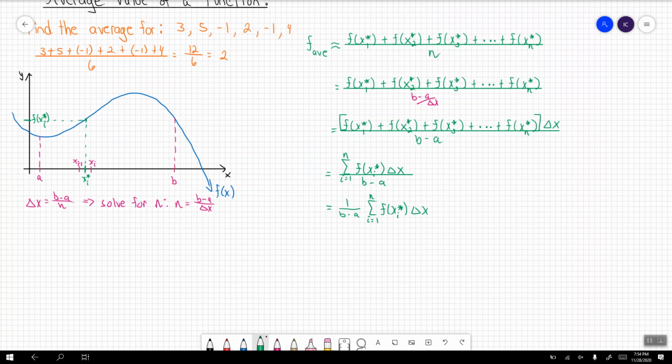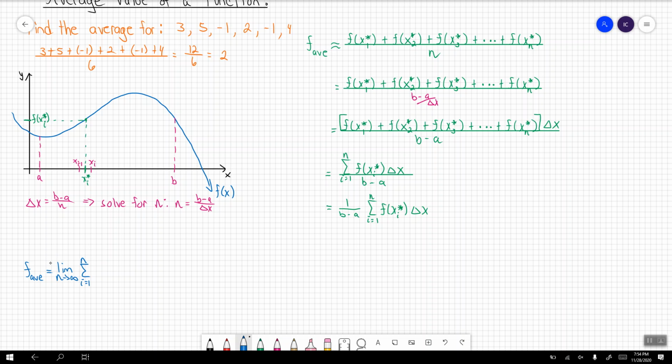It should remind us of a Riemann sum. A Riemann sum can then be expressed as a definite integral. So if we follow this whole logic, the average of a function is going to be an equal sign if we take all of those subintervals and subdivide them infinitely.